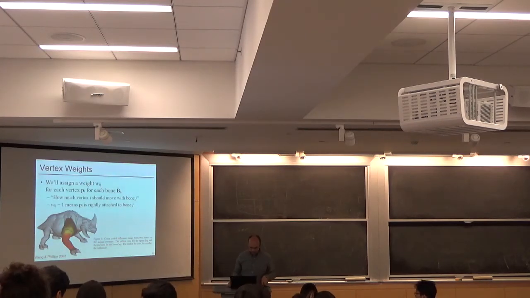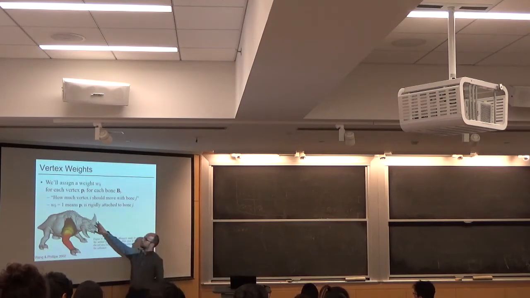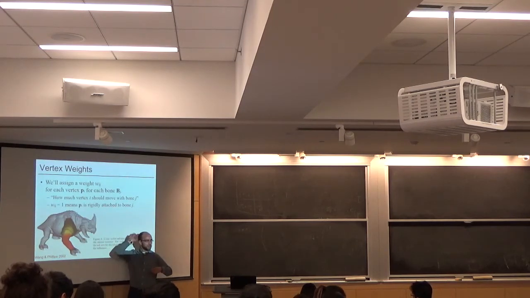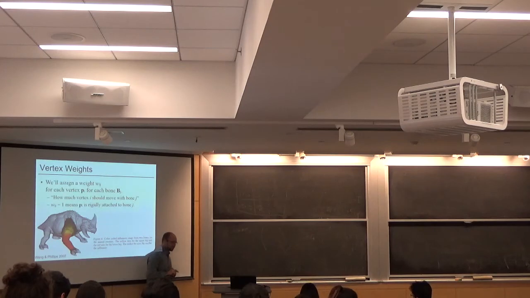And we'll assume that these sum up to 1 over all j. In other words, the total influence on any single vertex of the mesh of all the bones in the entire skeleton sums up to 1. Hopefully that makes sense.